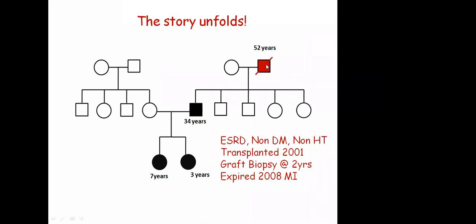So actually, with each passing decade, this disease is coming at a younger age. The grandfather had kidney disease at 52 years. Father had the disease at the age of 34 years, and the children are having this disease at the age of 3 years and 7 years.